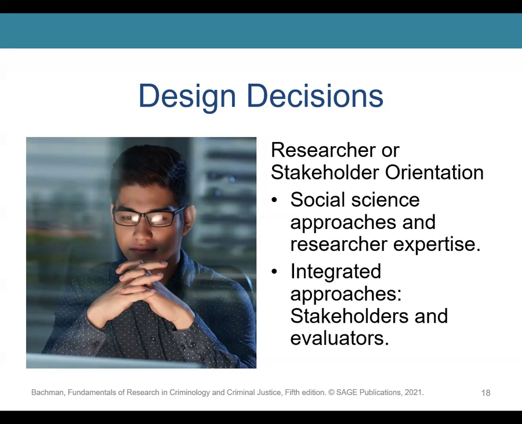Evaluators who adopt this approach derive a program theory from information they obtain on how the program operates, and to an extent from social science theory and knowledge, not from the views of the stakeholders.